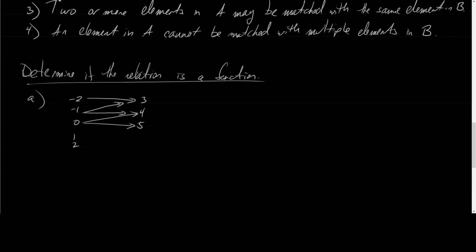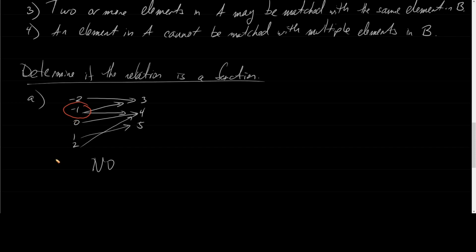Actually, let's fix that. All right. In here, the question is, well, is this relation a function? And the answer is no. How come? Well, where this fails to be a function is right there.